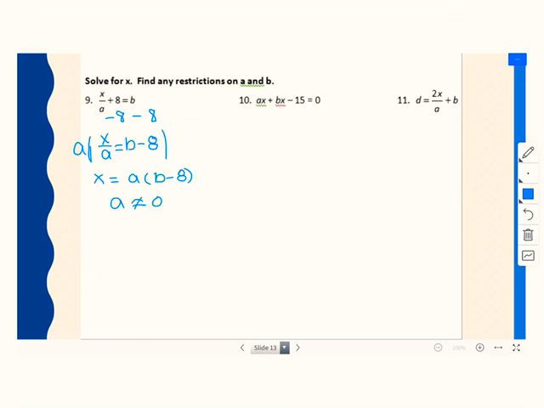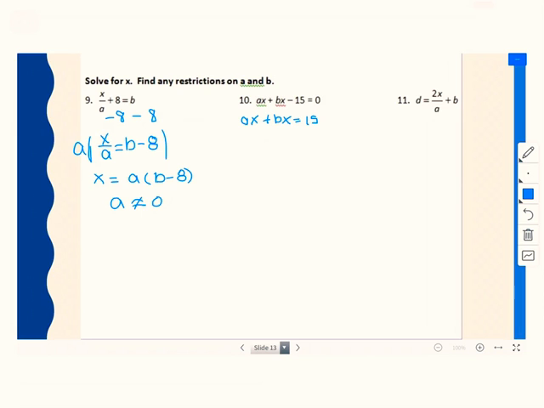In number 10, we're going to first move over that 15. That leaves ax plus bx equals 15. Now our goal is to solve for x.